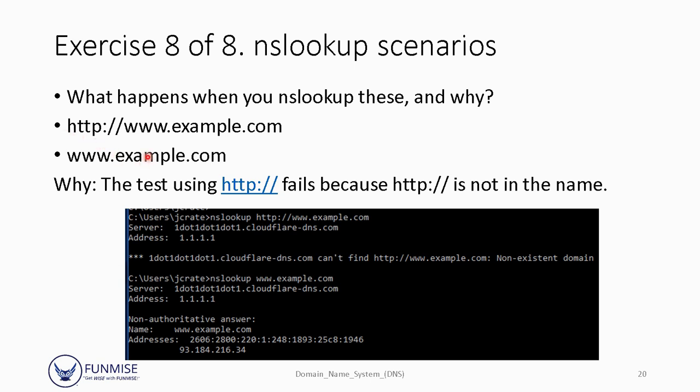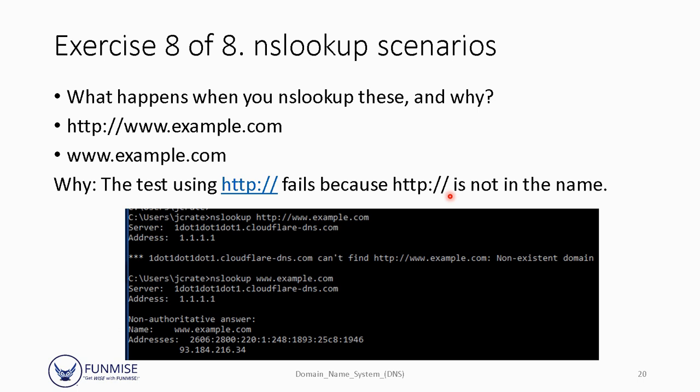Now, please note the test using HTTP fails because http:// is not in the name. HTTP here actually refers to a protocol that's being utilized to reach this resource. The resource here is www.example.com being reached via the HTTP protocol.